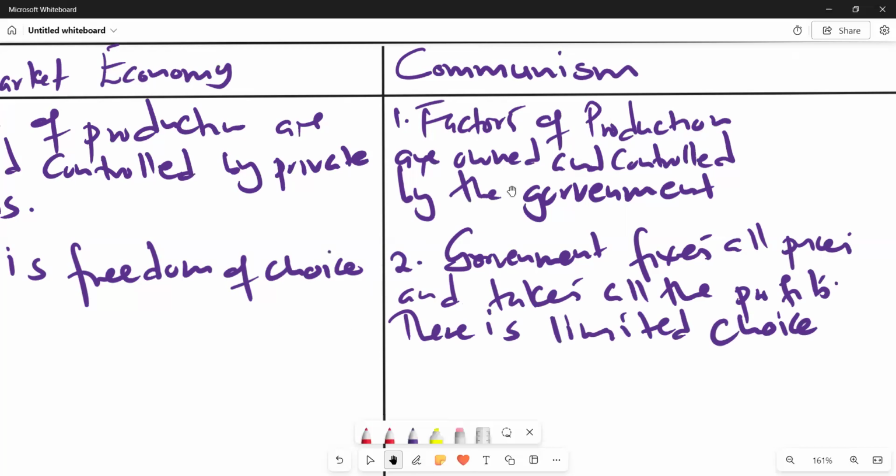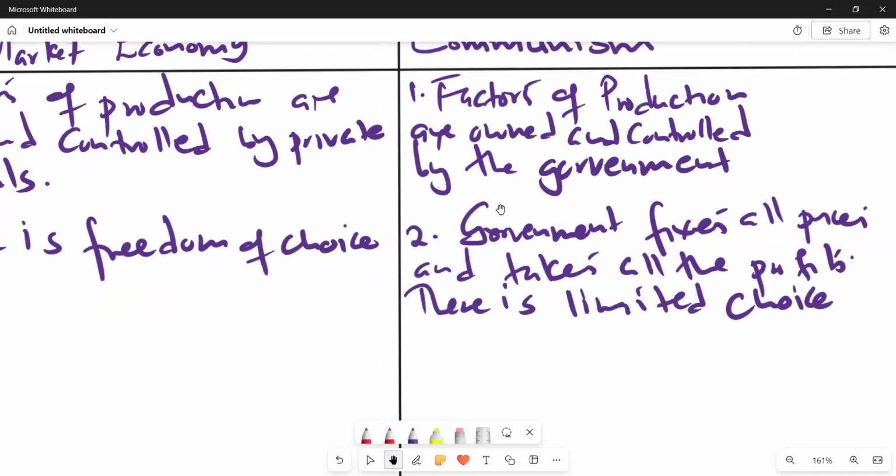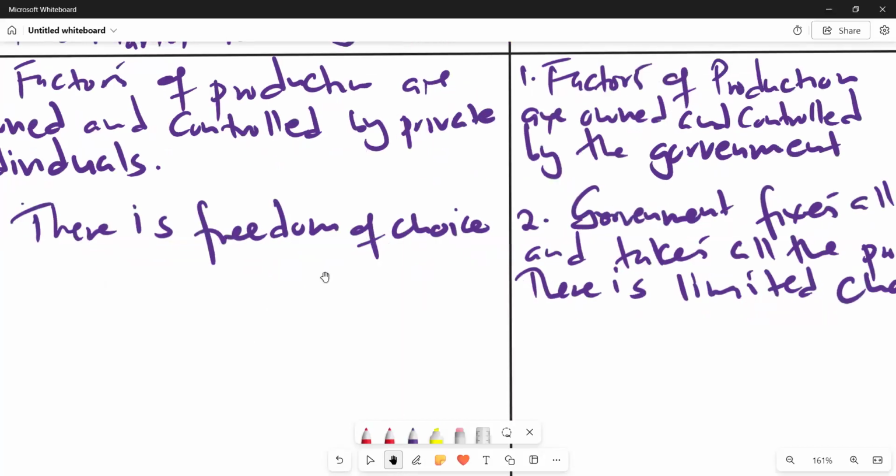Then we go to the next set that we want to compare. Under free market economy, self-interest and profits are the driving forces, and under communism, private initiative is discouraged. So this is the third set of characteristics that we want to compare.